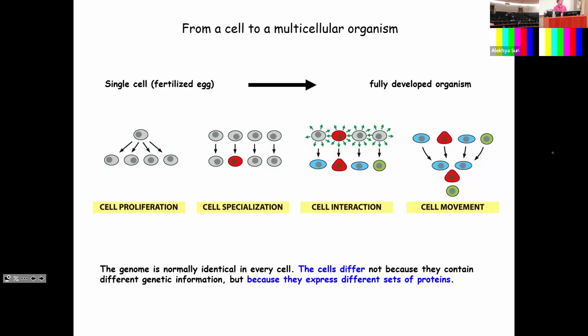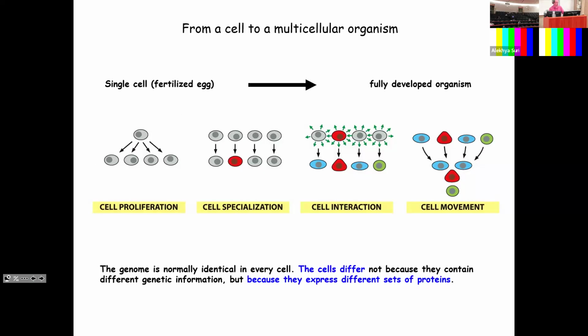This partly explains how the multicellular organism is different, because there are different processes like cell proliferation, cell specialization, cell interaction with the environment, and cell movement. And all this may vary from embryo to embryo. And that is what produces a completely different multicellular organism.